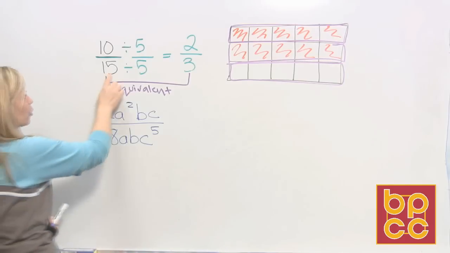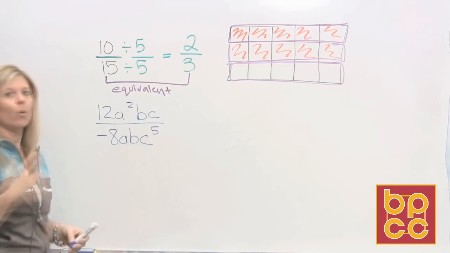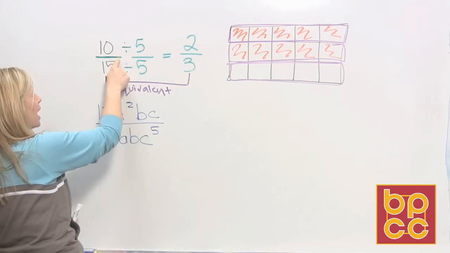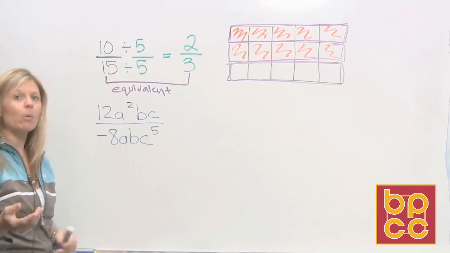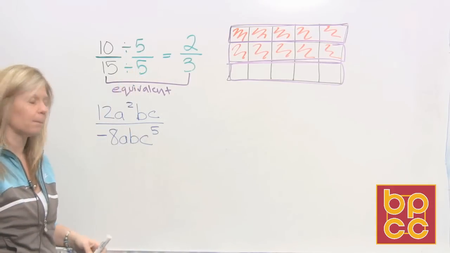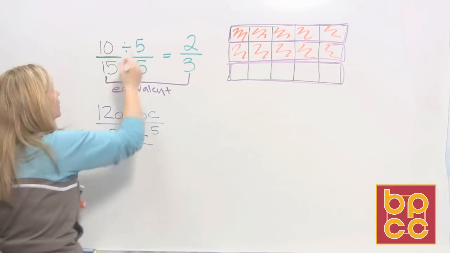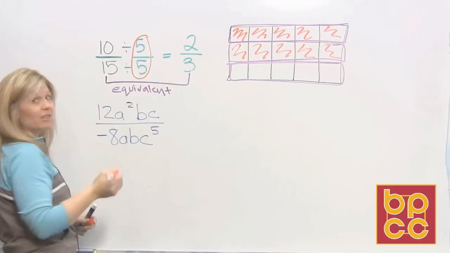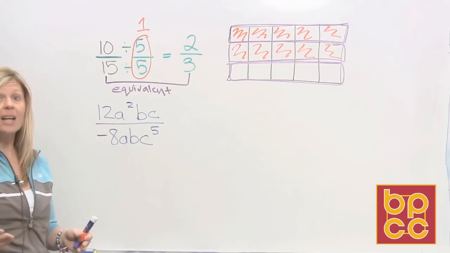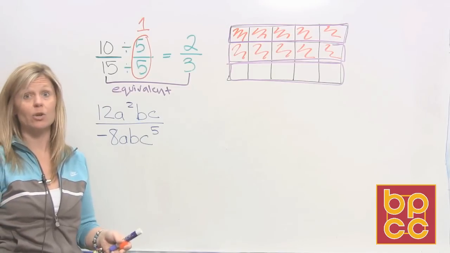When in elementary school we reduce a fraction, we are making something that it's equivalent to. When we reduce it, we're doing the operation of division. And when we divide, we have to divide the numerator and the denominator both by the same number. If you think about it, what is really 5 divided by 5? It's really 1. And dividing by 1 doesn't change your answer.